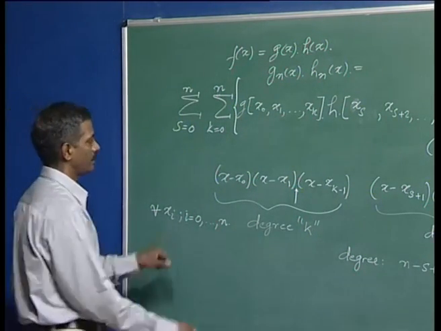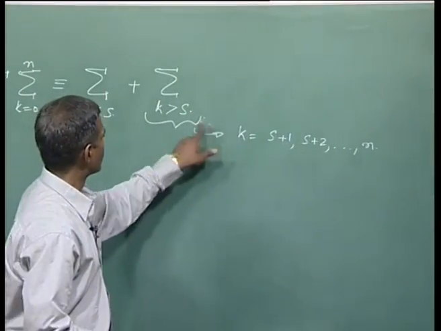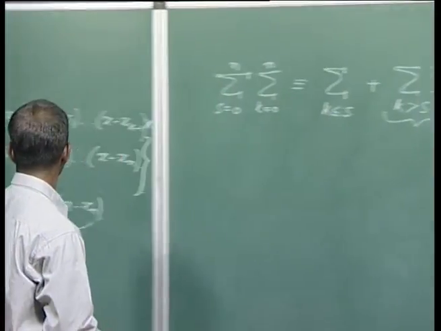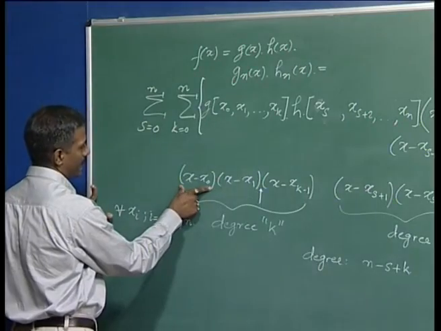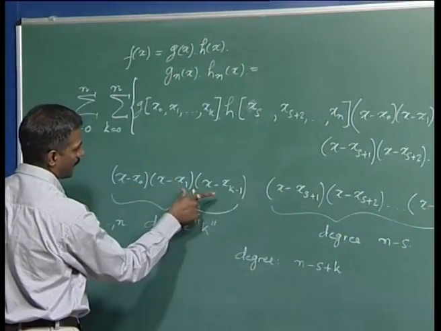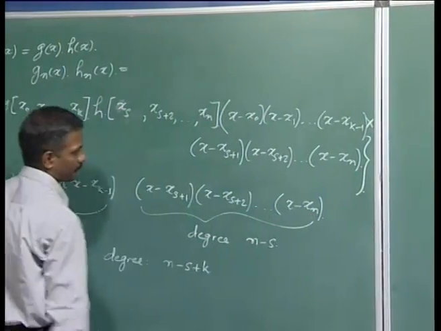Once again, for values of k greater than s, this expression here will involve terms like x minus x0, x minus x1, x minus x2, all the way up till x minus xn.